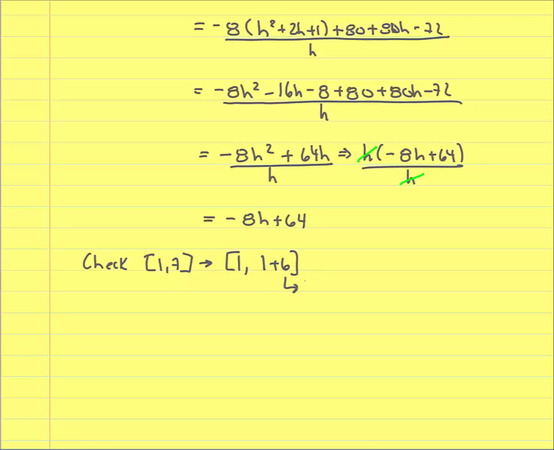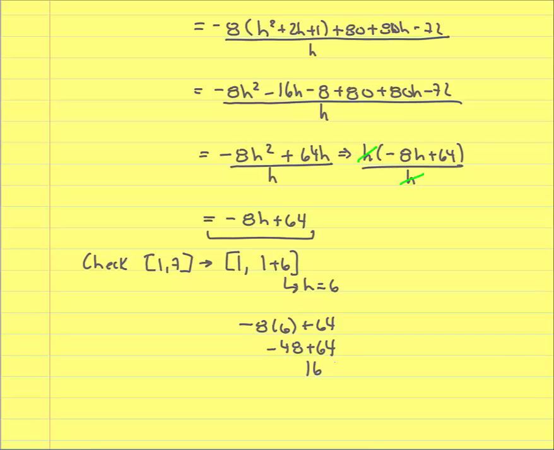So in this case, h equals 6. So I would plug it into my formula here, negative 8 times 6 plus 64. So negative 48 plus 64. Looks like it would leave me with 16.